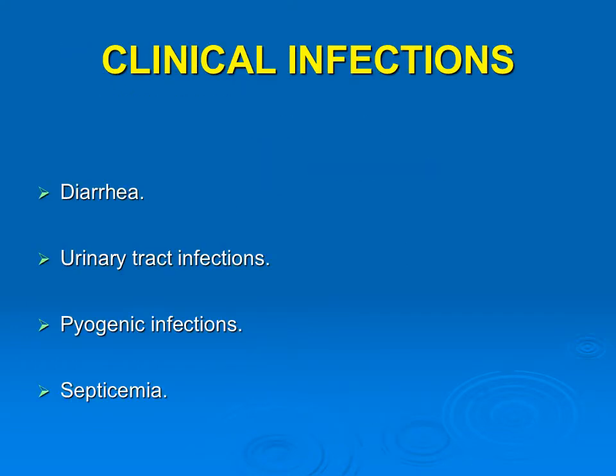Coming to clinical infections, as I already mentioned, this is a key point. It is a key area of this topic and a major area of questioning, especially as far as the entrance exam is concerned.